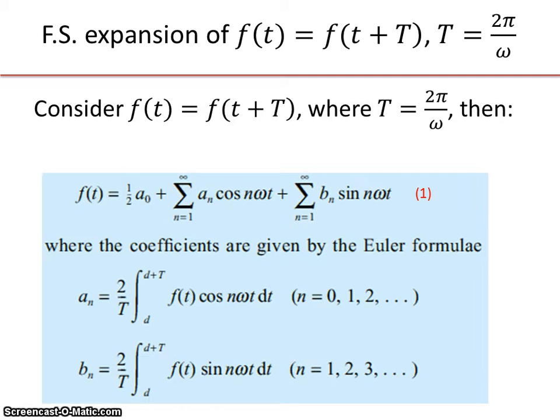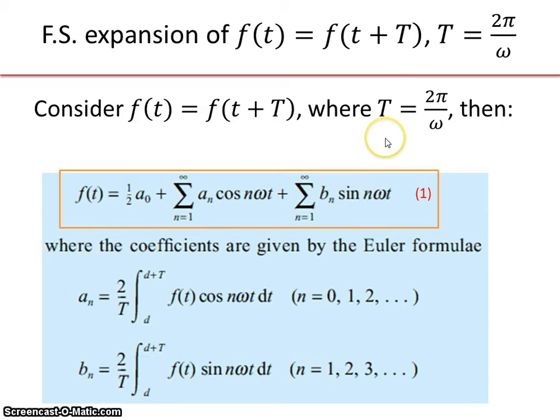Once we have a periodic function f(t) equals f(t plus T), where the period T equals 2 pi over omega, then f(t) can be expanded as a Fourier series equal to half a naught plus the summation of an cos n omega t plus the summation of bn sin n omega t, as we can see from series 1.